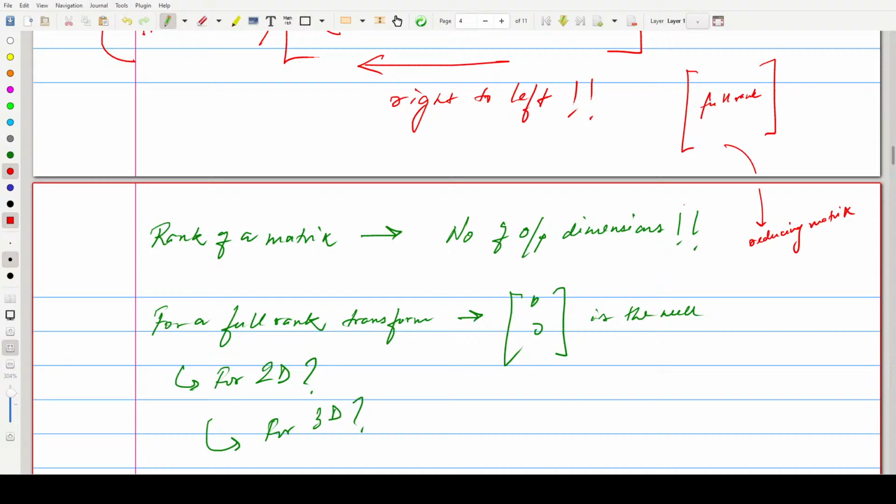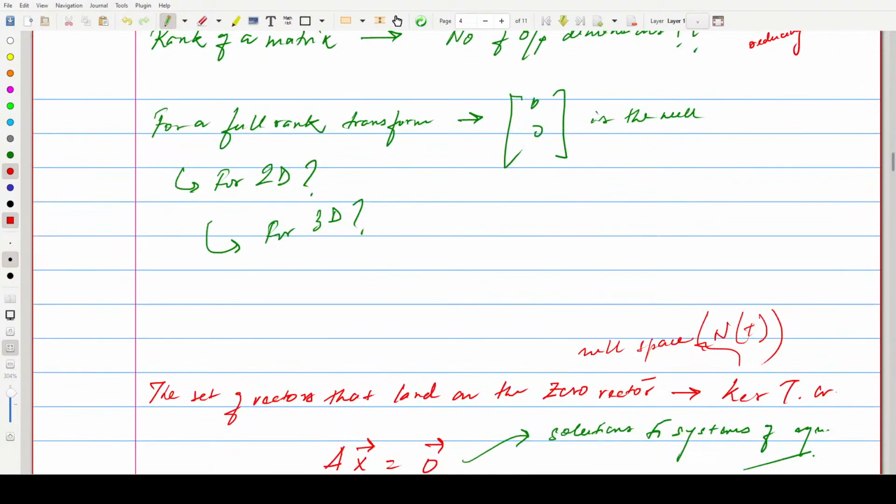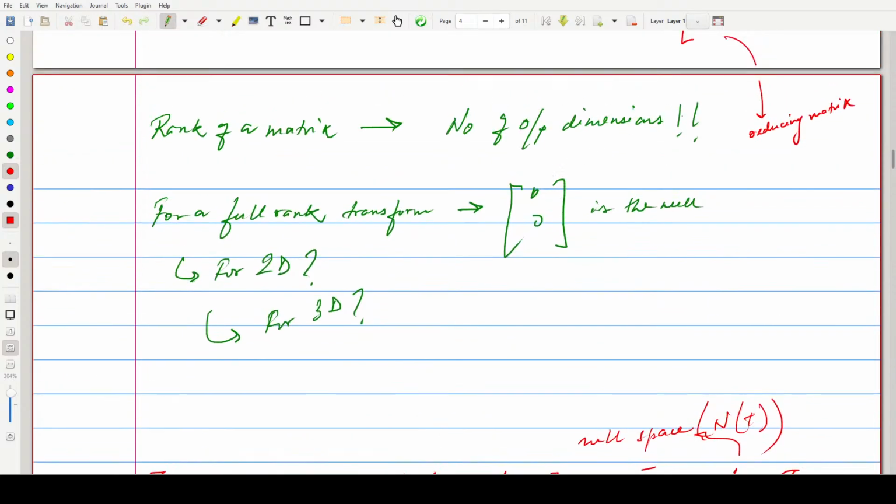So by reducing this matrix to find its rank, what we're essentially saying is that for a full rank transformation, we will never be able to get something of this sort. So let's say we have a very crudely drawn pair of grids.